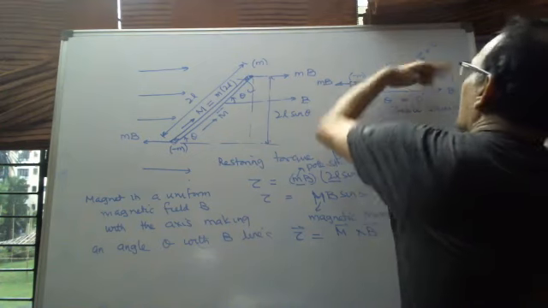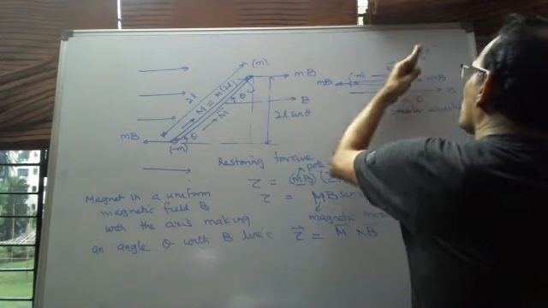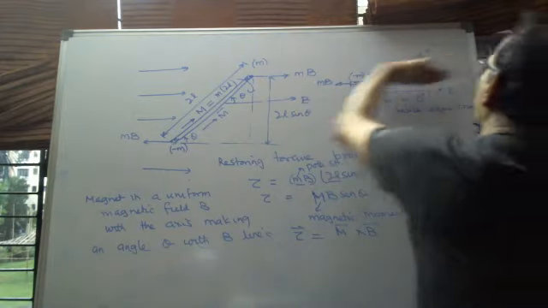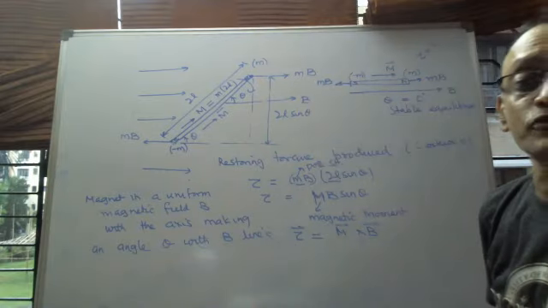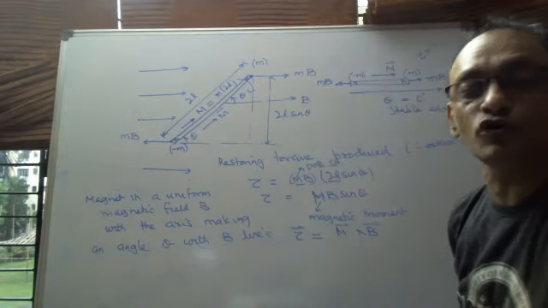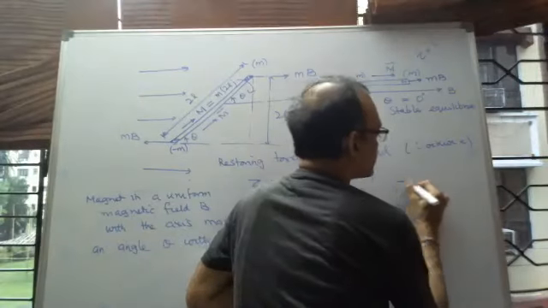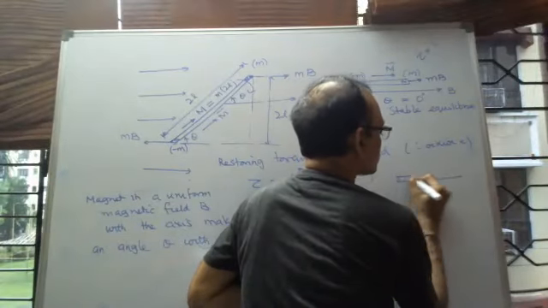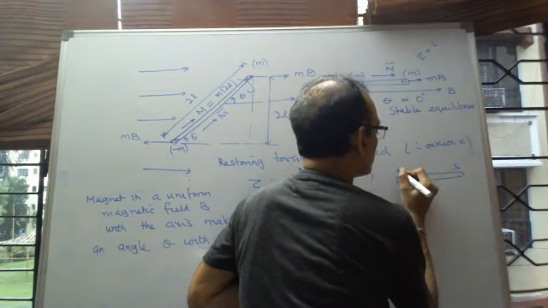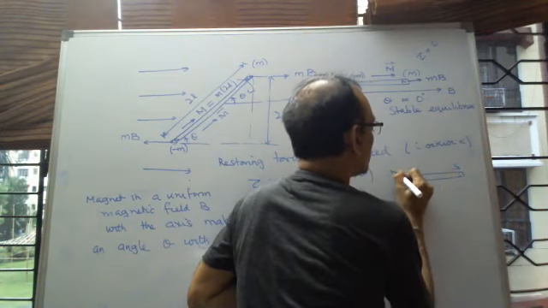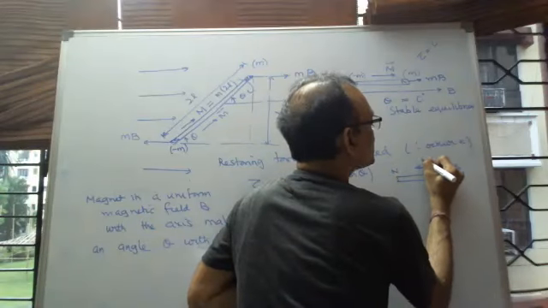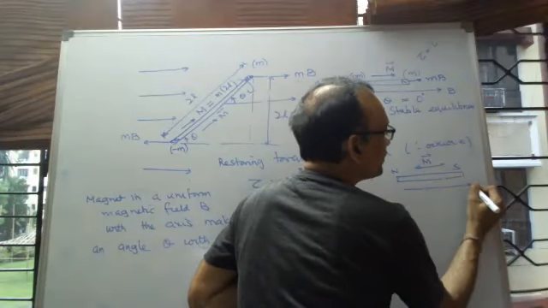If you tilt it slightly from here, it would want to come back. It will want to get aligned to B. Magnetic moment would want to get aligned to B. This will be stable equilibrium. If it were like this, this is south, this is the north, then the magnetic moment will be like this, and say the magnetic field is like this.